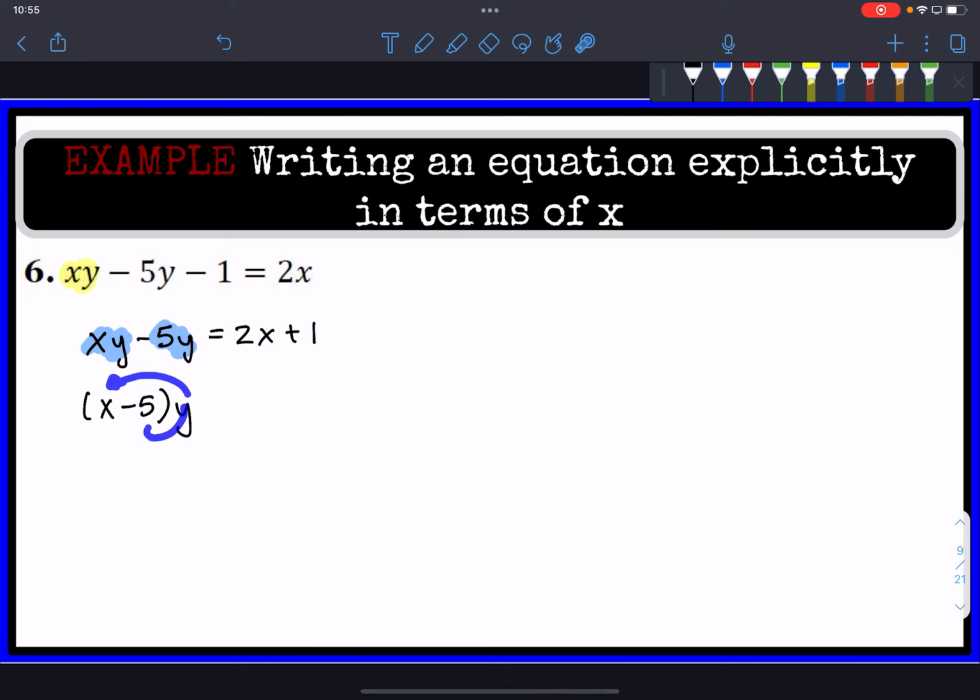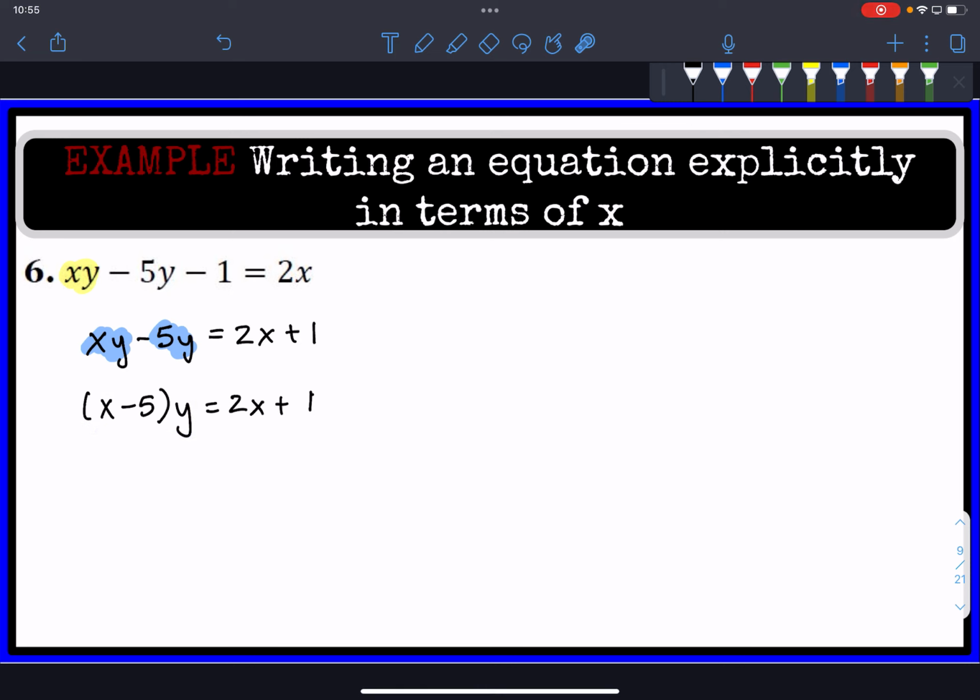If I multiply it back in, I end up with this right there. That's going to equal 2x plus 1. So all I've done is simply use the reverse of distribution and factor out the y, so I have the product of these two things.